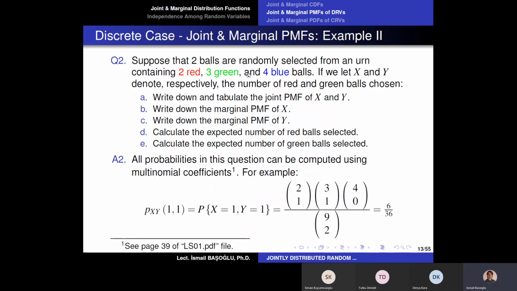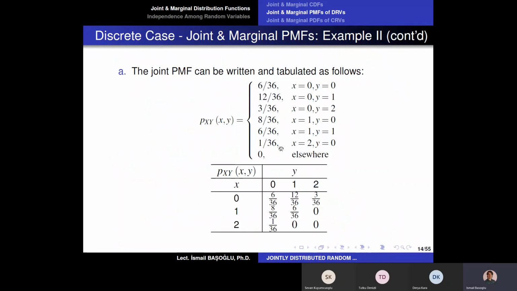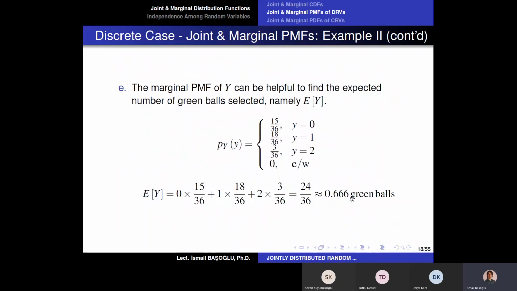And if I select 2 balls, in those 2 balls, the expected number from each color should be proportional to 2, 3, and 4, and their summation should give us 2. So 0.444, 0.666, and 0.888. If you sum these 3 values up, you will get 2. So that's the story of this question.